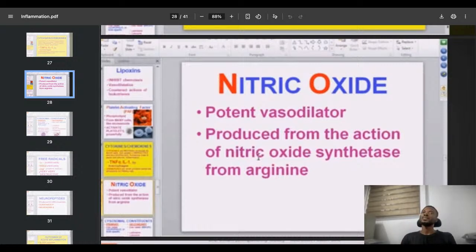We've learned that when serotonin is released, it causes the synthesis of nitric oxide synthetase from the amino acid known as arginine, and then it is this nitric oxide synthetase that catalyzes the production of nitric oxide.